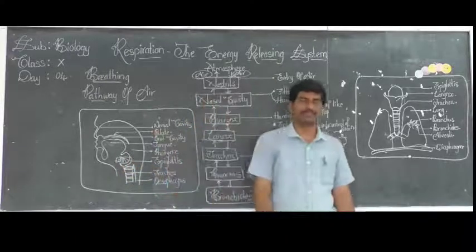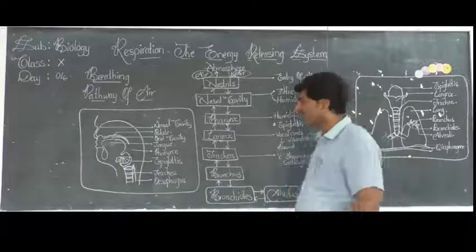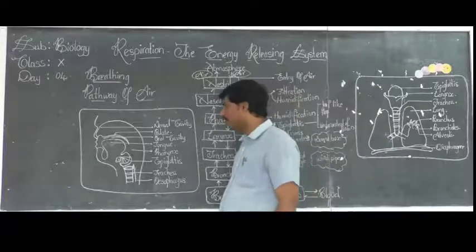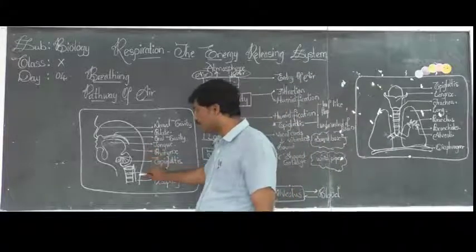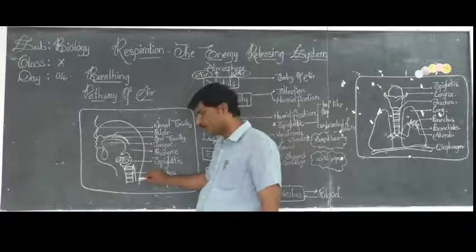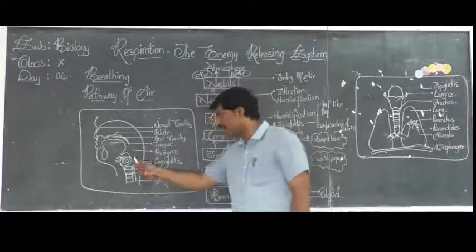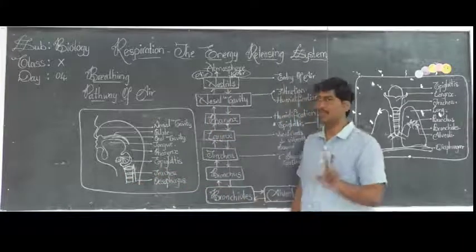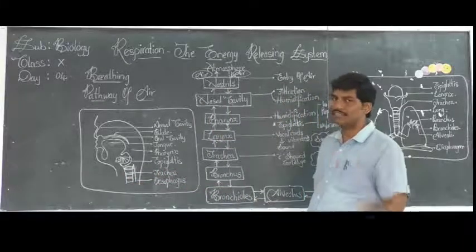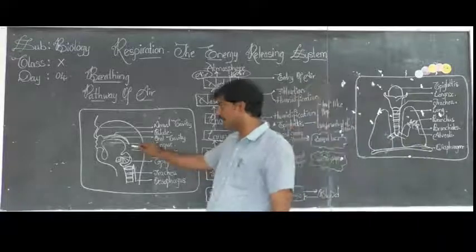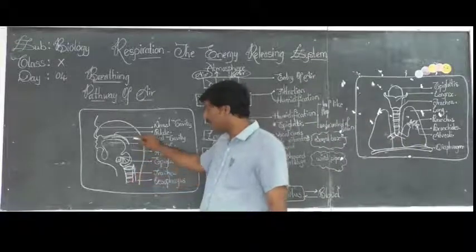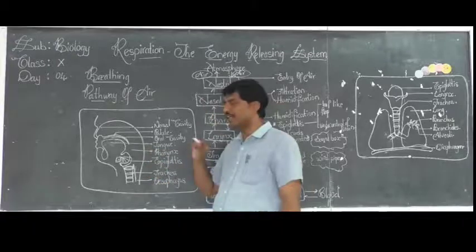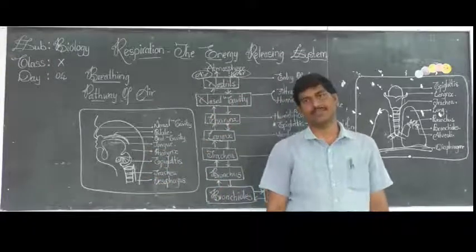Before going into that, the pharynx opens into the esophagus as well as into the trachea. The air should enter into the trachea, whereas the food material should enter into the esophagus.